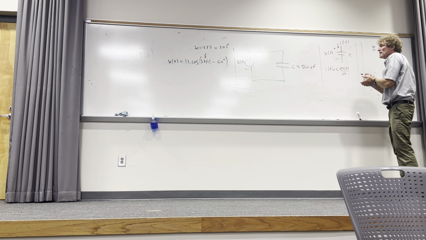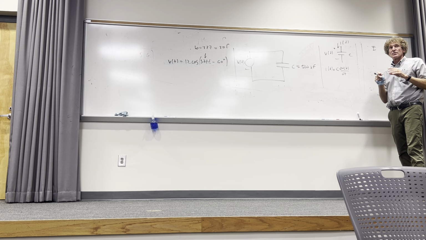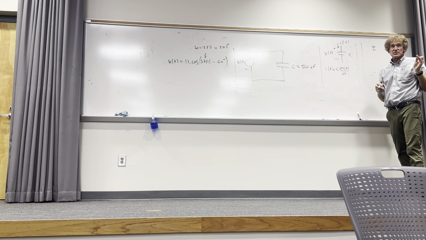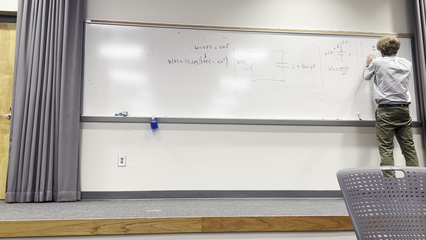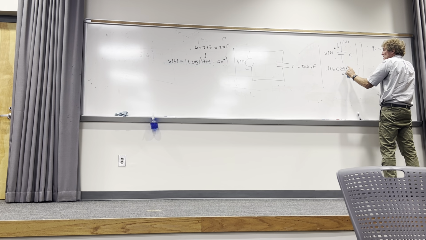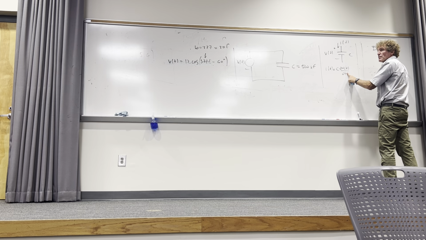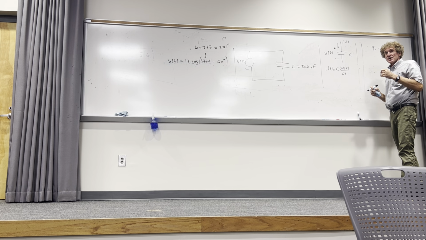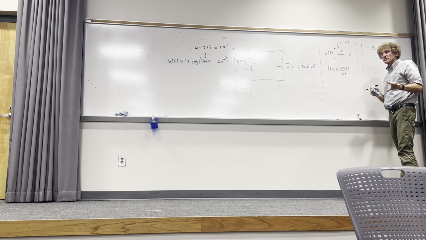Everything is going to be changing as e to the j omega t, where omega is 377. Just go with me on this one. So I is equal to C times dV dt. A time derivative automatically brings out a j omega because V of t is assumed to vary as e to the j omega t. This is a linear system.